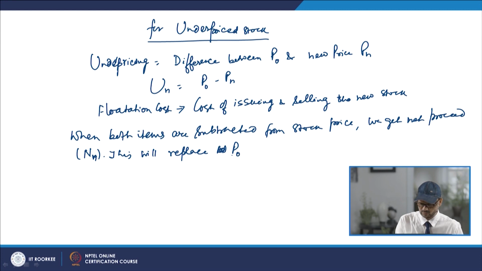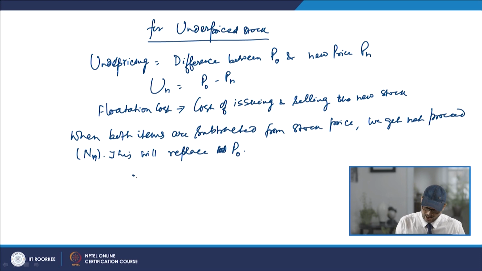So, this is P naught because you have subtracted the underpricing amount as well as the flotation cost, and both of these things are subtracted. Then in place of P naught you are using Nn.